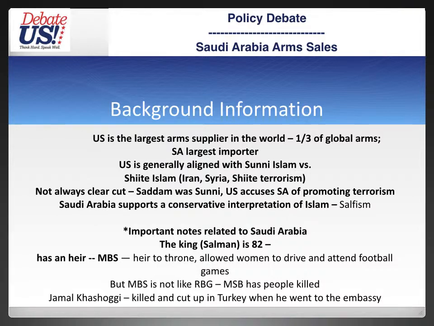The U.S., at least recently, has generally been aligned with countries that follow more the Sunni sect of Islam versus the Shia sect. So Shia Islam is represented by Iran, Syria, and then you have Shia terrorism. There can also be Sunni terrorism, and a lot of times these discussions of terrorism do not really distinguish between the two.